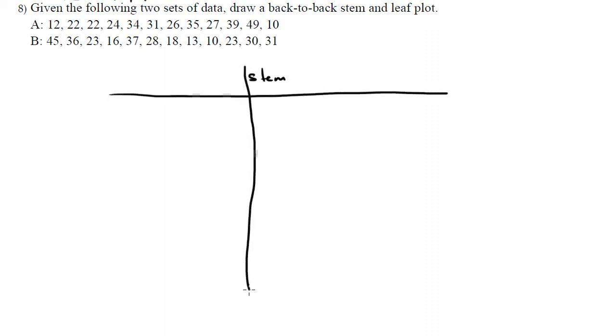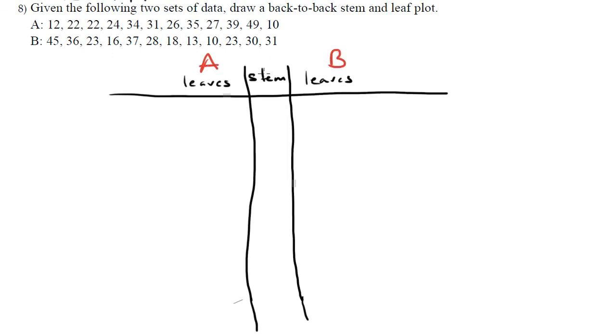It's kind of like a plant, right? Stem is in the middle, and then I've got leaves on either side. So these are represented by A and B, so I'll use A here and B here.